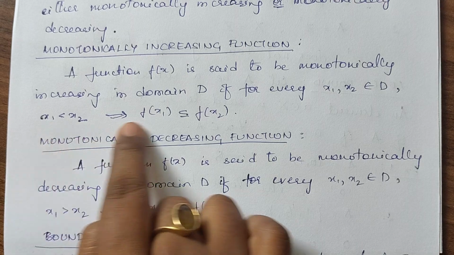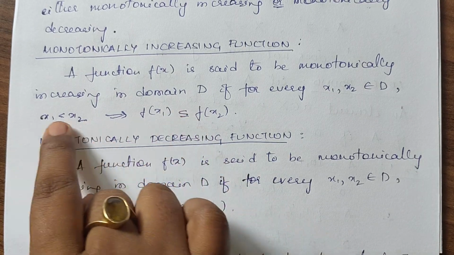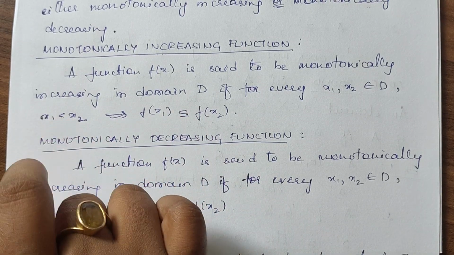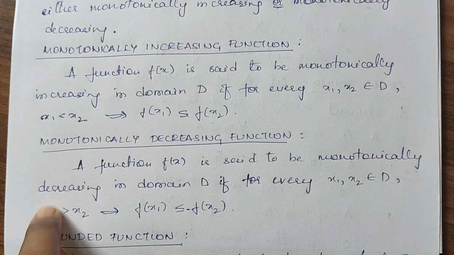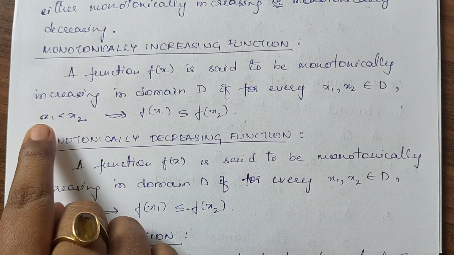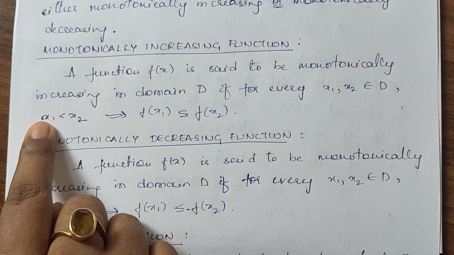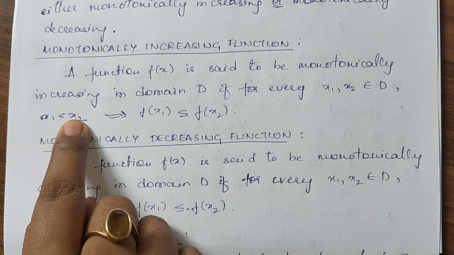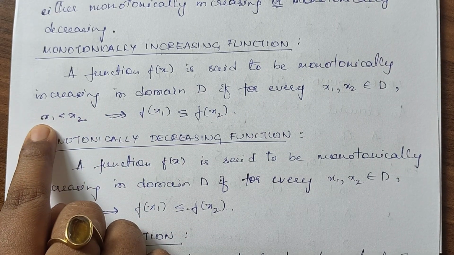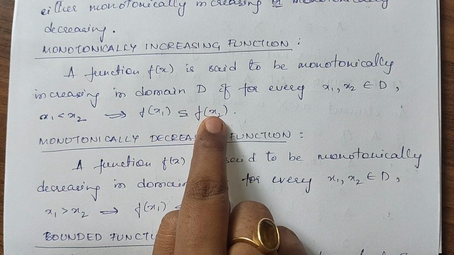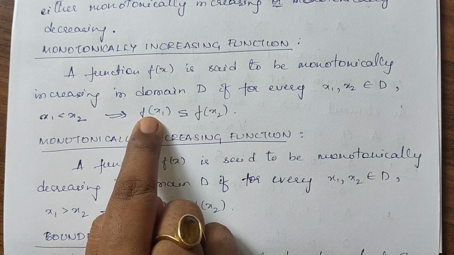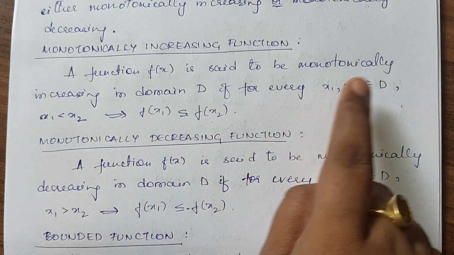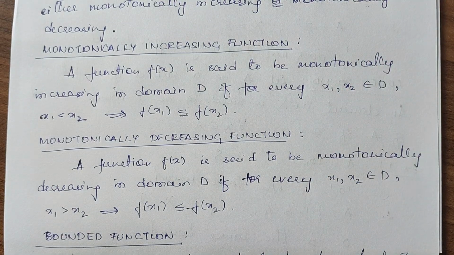So this means that as we increase the values in the domain, their images also increase. For example, if x1 is less than x2, or if x2 is greater than x1, then obviously f of x2 will be greater than or equal to f of x1 for a monotonically increasing function.